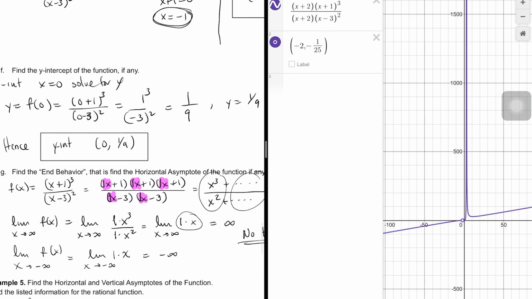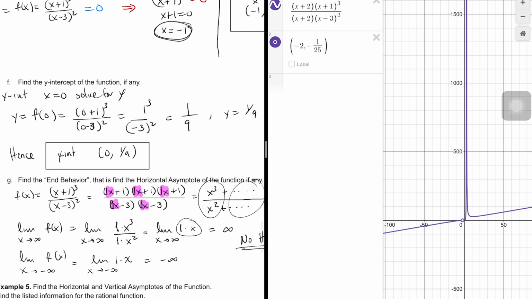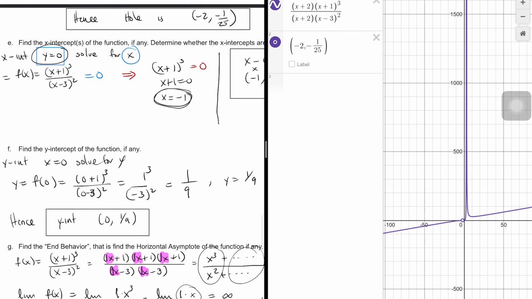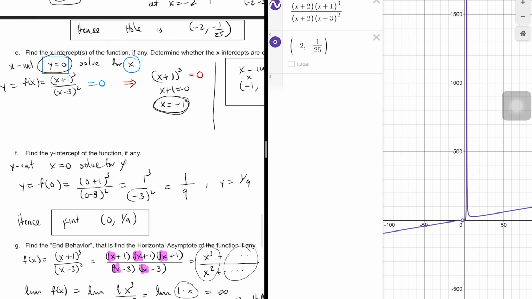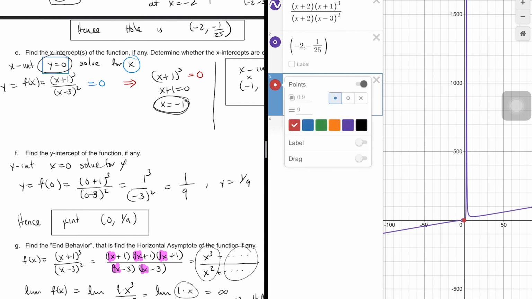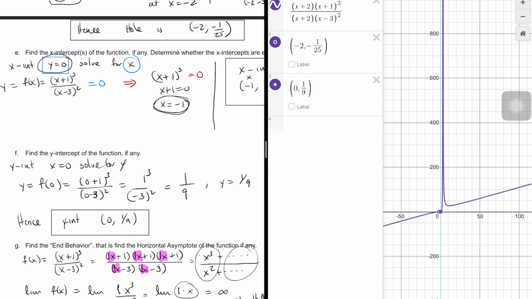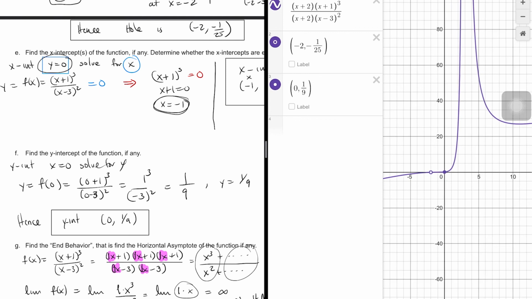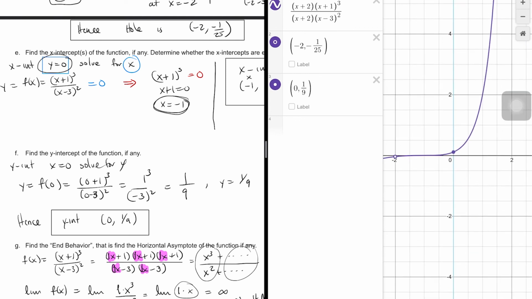And so let's try to graph this. Here we go, it's already there. So we already have the original function. We already know that we have a y-intercept and an x-intercept. We have a hole at -2, -1/25. We also have a y-intercept at 0, 1/9. Let's change that color to purple and solid. There you go.